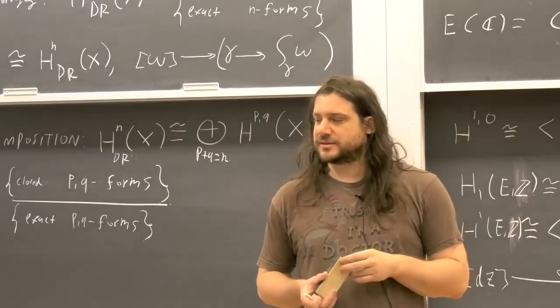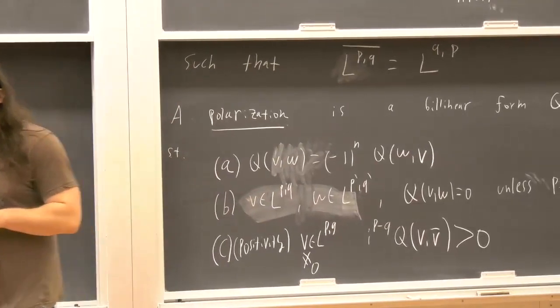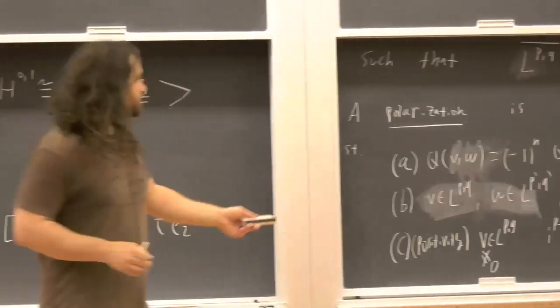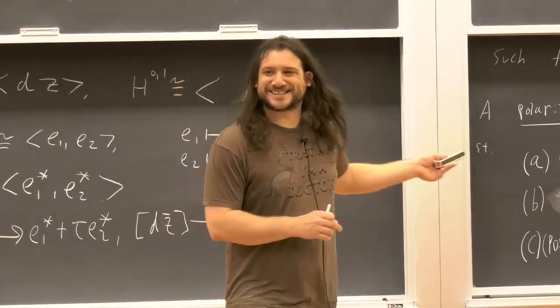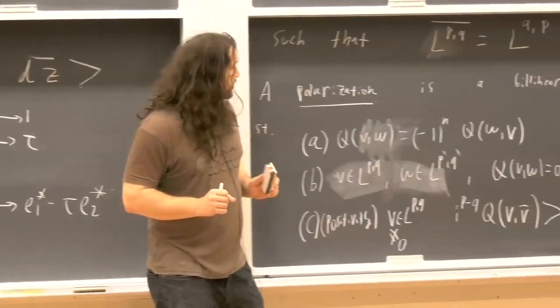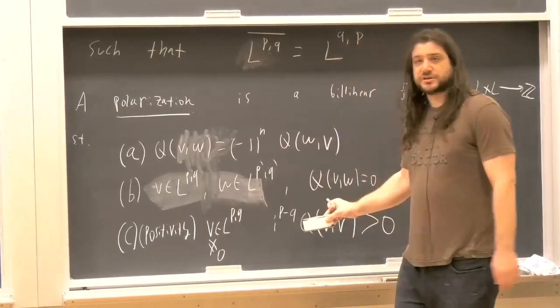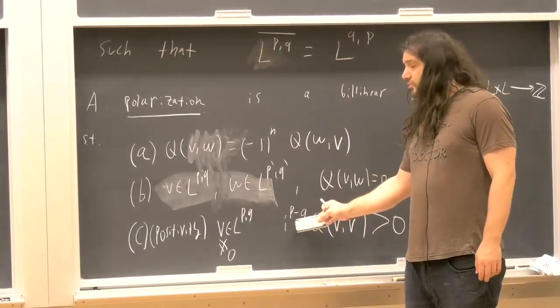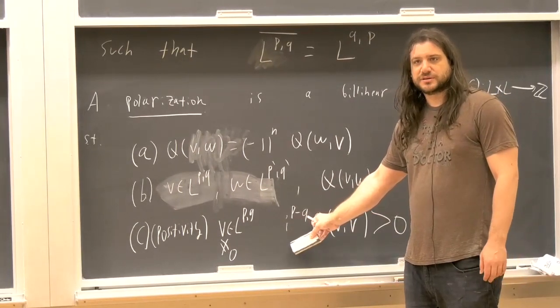Yes? This one here? Sorry, what's your question? Oh, it's the square root of -1. Yeah, sorry, it's not an index. It's just i. So P and Q are integers. And so i to the P minus Q is going to be like i, minus i, 1 or -1.